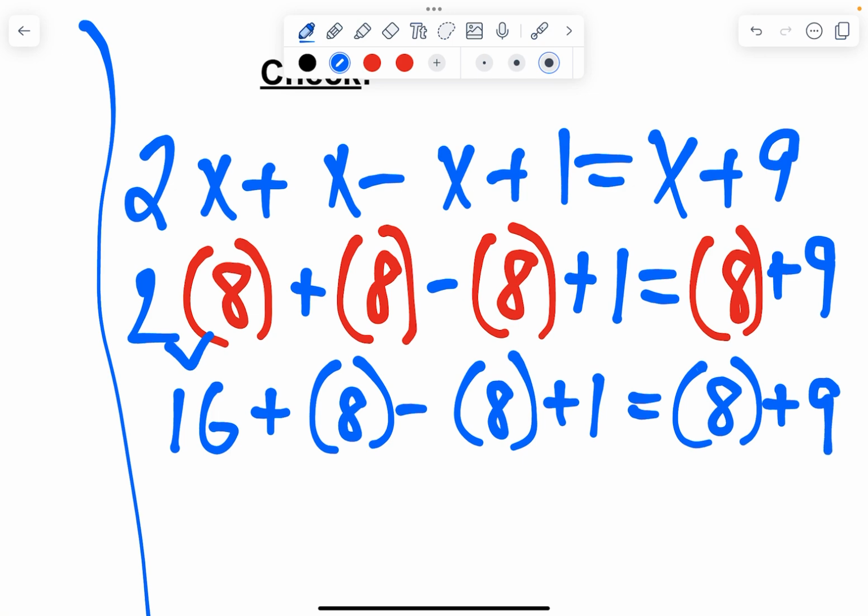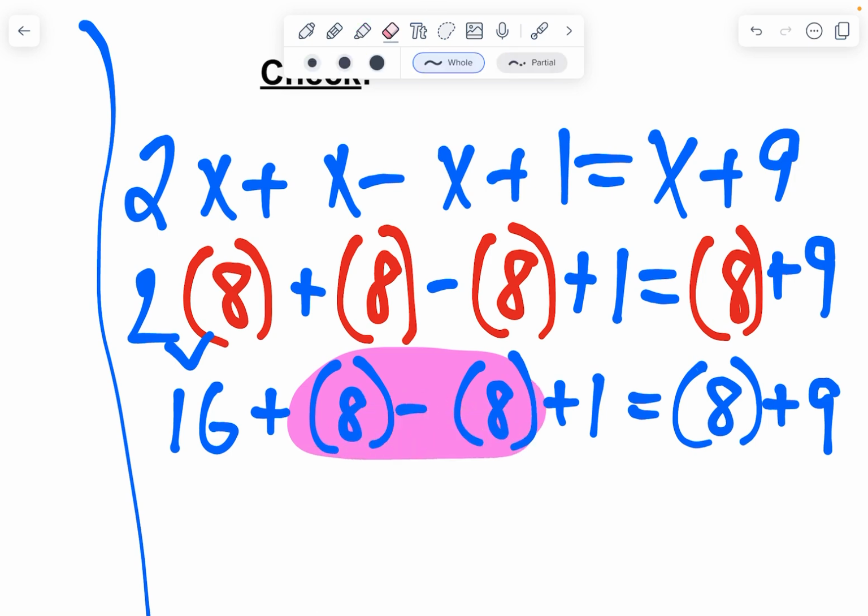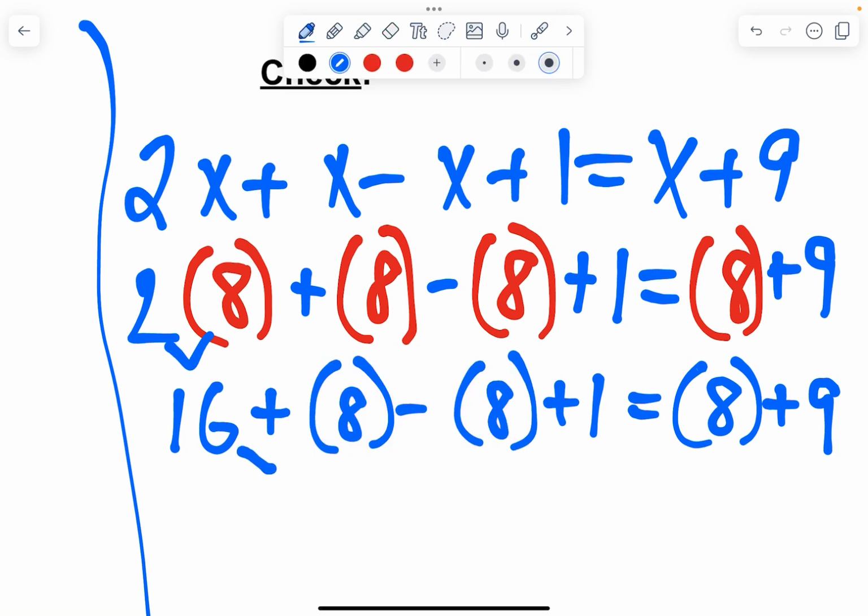And again, order of operations from left to right. What most students like to do is they like to do mental math, and they'll say, oh, that's 0. I understand that it's 0, but again, order of operations does not have us do that. It has us go from left to right.